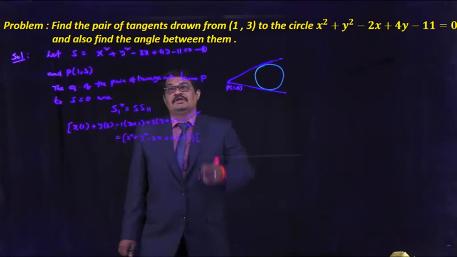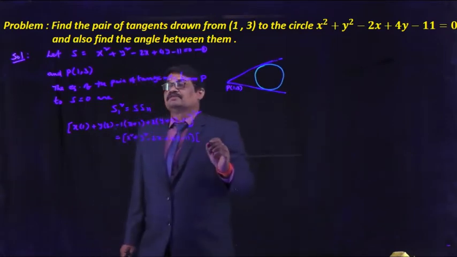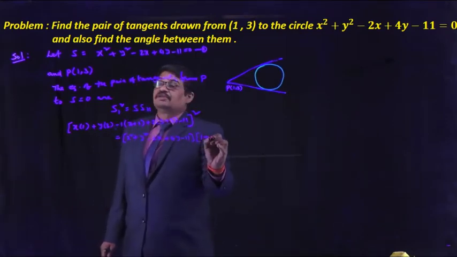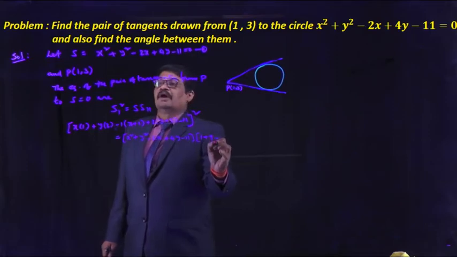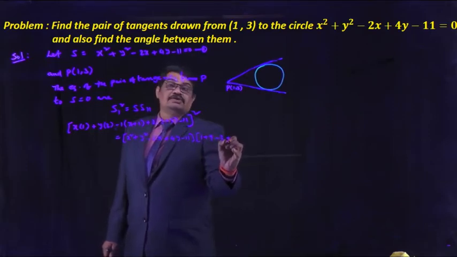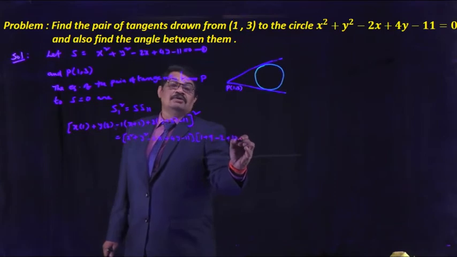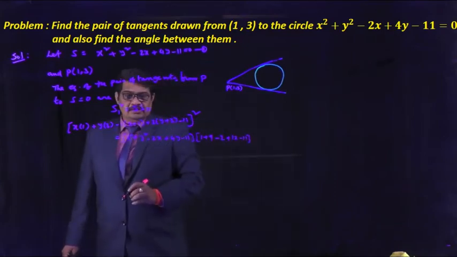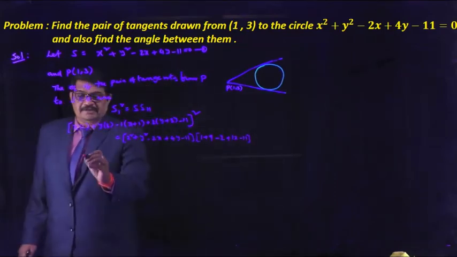that is point 1 comma 3. Substitute in the given circle, that is 1 square plus 3 square is 9, minus 2 into 1 is 2, next 4 into 3 is 12, minus 11. Okay. Now from this we are simplifying.